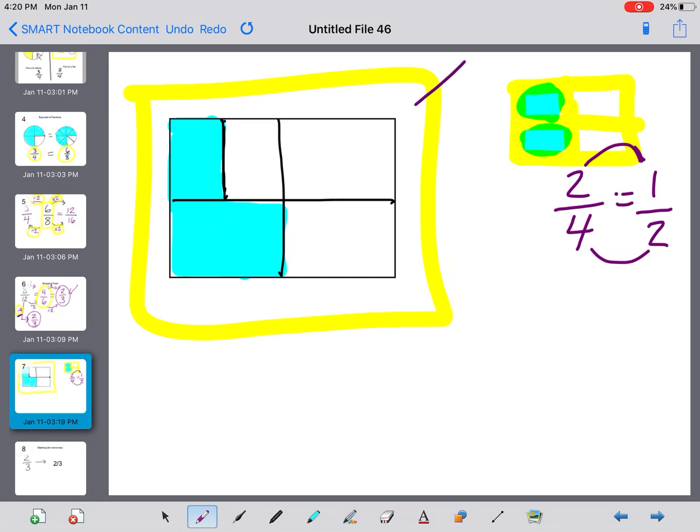But it gets more complicated when you have a shape like this, because our pieces are not the same size. So what you actually have to do is, in your mind, please don't draw in your textbook, in your mind, you have to split this overall larger shape into more pieces. So if this box right here is being split in half, split this box in half, then split this box, then split this box.